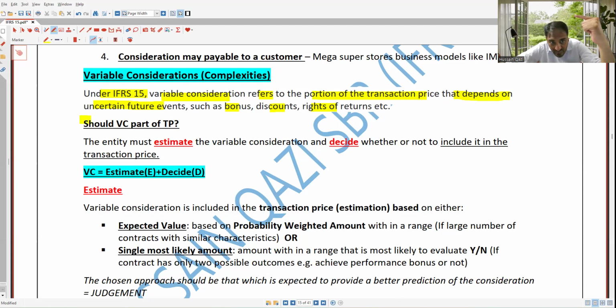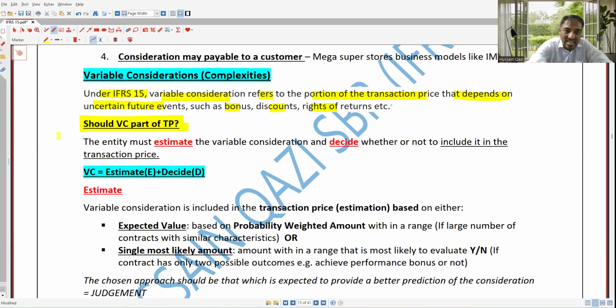The issue is, should variable consideration, VC, be part of transaction price? We need to search for the answer to this. Getting the point? So here is the answer by the accounting standard.